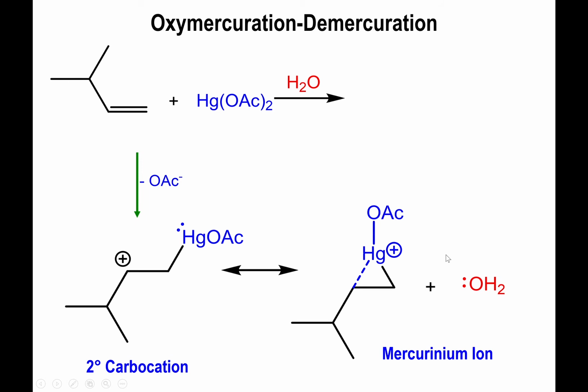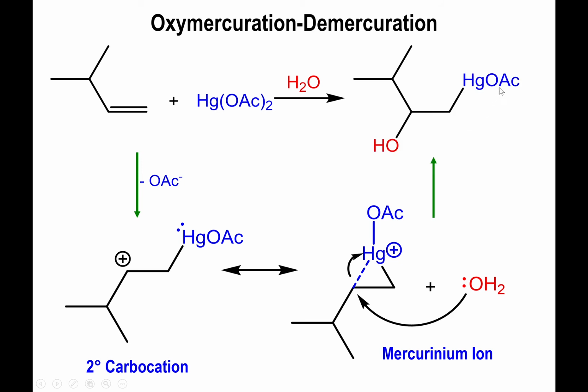So when the water comes in, it will do so by attacking the carbon that is the most substituted, or the carbon that has the most steric bulk around it. And the mercury will end up on the opposite end.